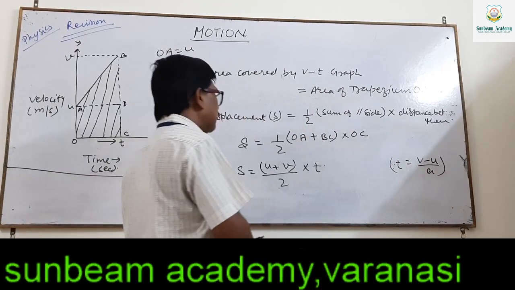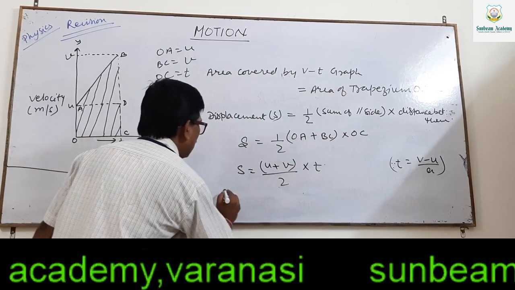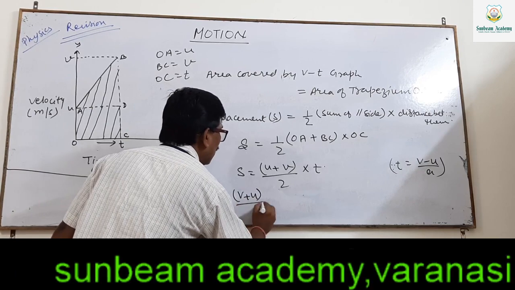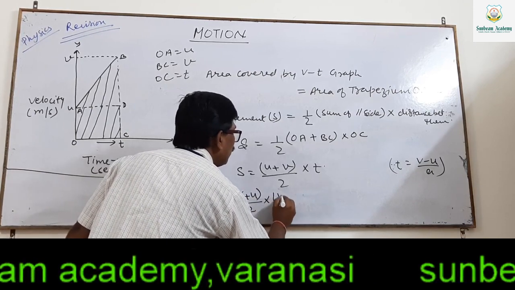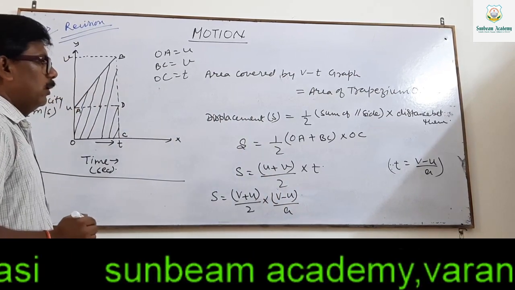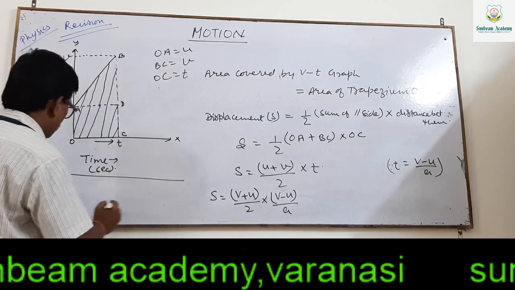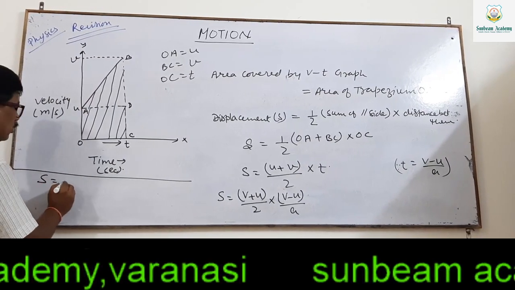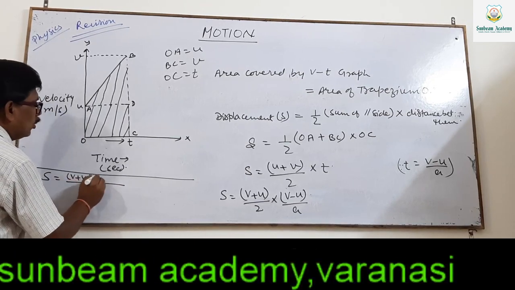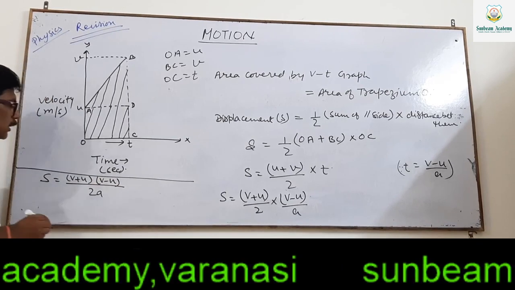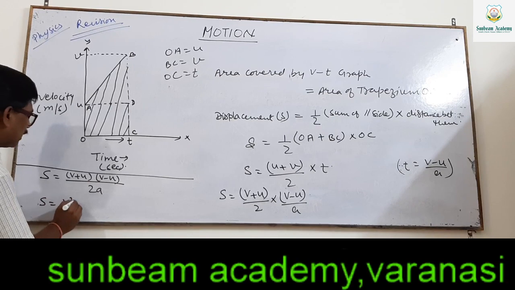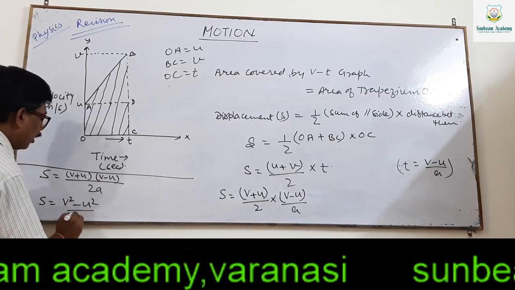So here we can write S is equal to (V plus U) upon 2 into (V minus U) upon A. Now you can write this as S is equal to (V plus U) into (V minus U) upon 2A. See, (A plus B)(A minus B), the formula you know, so S is equal to (V square minus U square) upon 2A.